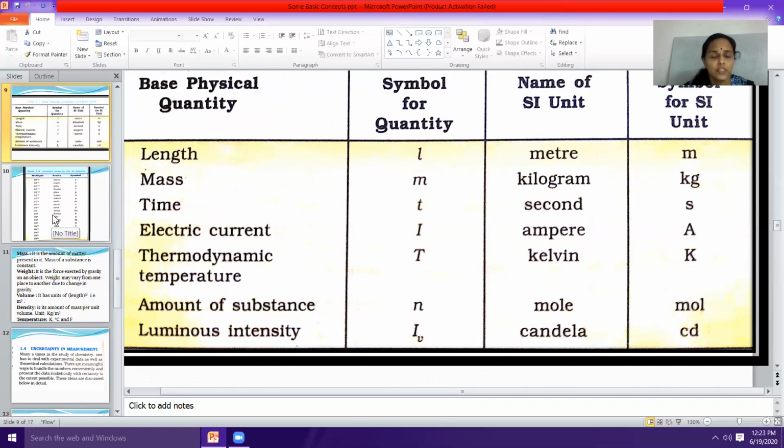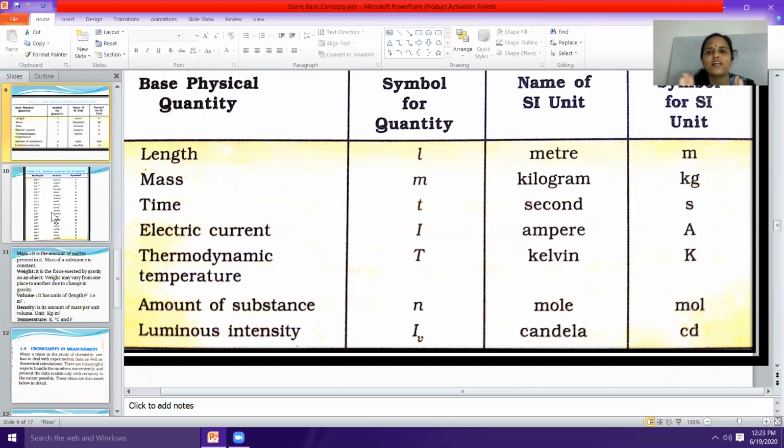For the 7 base physical quantities, you can remember the code word LMTETAL. L stands for length, M stands for mass, T stands for time, E stands for electric current, then thermodynamic temperature, amount of substance, and luminous intensity.